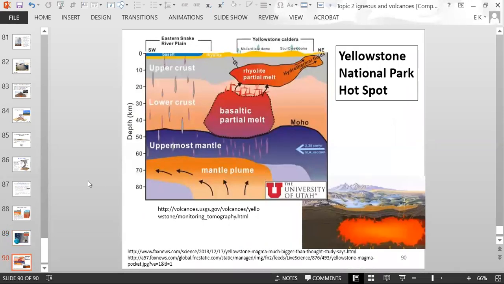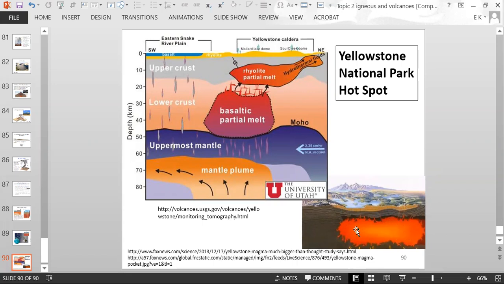Then we have Yellowstone National Park. Yellowstone National Park is a hot spot. It is in the middle of the North American tectonic plate. And it is a hot spot with a whole big magma chamber underneath the ground, but not really far deep underground.